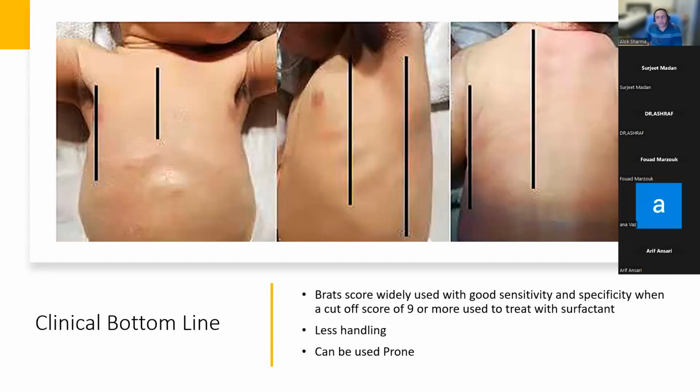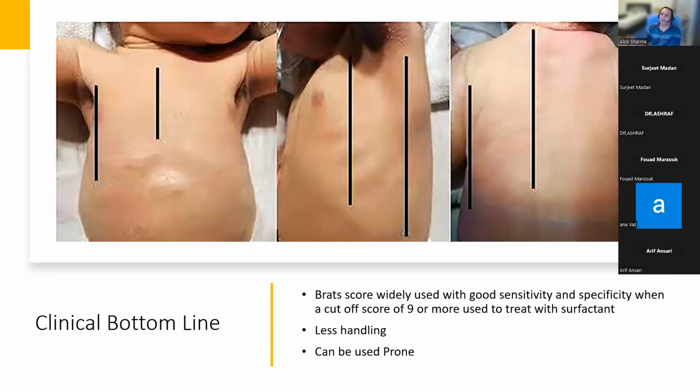So that's a really good question. And I'm going to be really honest and say I don't know the answer. I don't know the answer because there hasn't been enough research to look at, from our perspective, the sensitivity and specificity of lung ultrasound to diagnose ongoing RDS and whether it is better than clinico-radiological correlation alone.